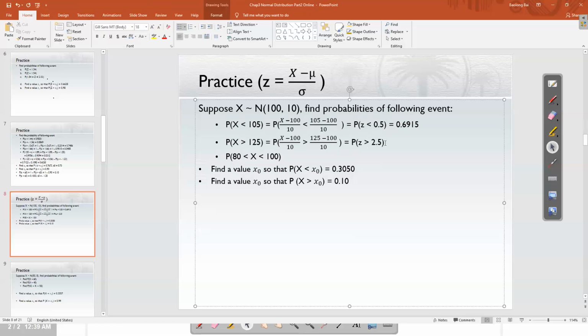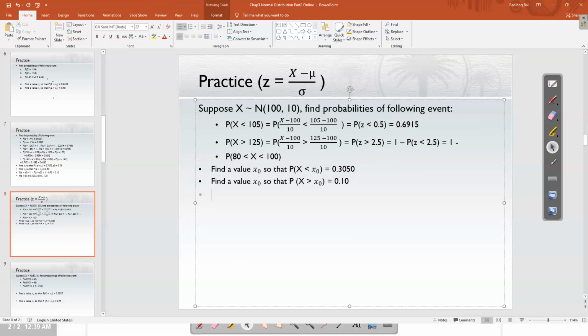So this becomes a z event as well, right? Then we can look up the probability from the z table. It's just that now you have a greater than sign, so you can't look it up as is. So please be very careful with the sign when you deal with normal distribution. We need to use one subtract, right? To convert it to a smaller than sign. Then we can look up the probability of z less than 2.5.